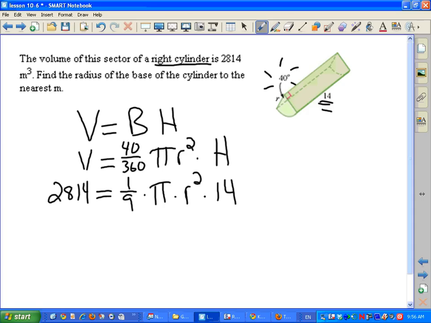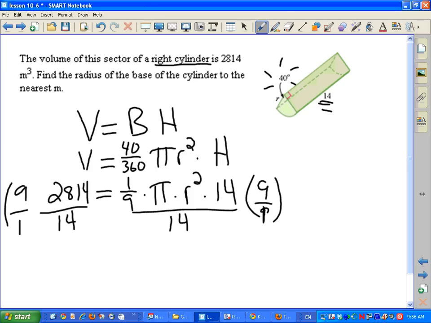Alright, so we are going to need to work on multiplying or dividing both sides by 14. And because 1/9 is a fraction, we're also going to have to multiply both sides by 9 over 1. So, in the end, I would end up with... oh, I forgot to divide by pi as well. Yep, a lot of things I got to keep track of here.